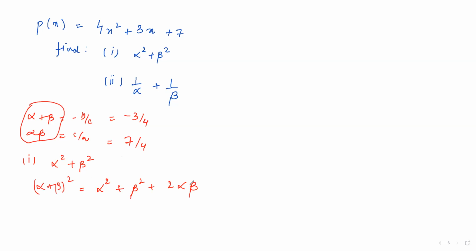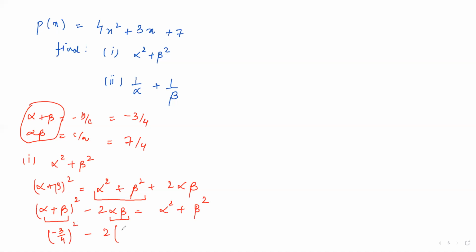Simply from here you can get the value of alpha square plus beta square. Take 2 alpha beta to the left: alpha plus beta whole square minus 2 alpha beta will be equal to alpha square plus beta square. This value you already know, this value you already know. Put this: alpha plus beta is minus 3 by 4 whole square, minus.